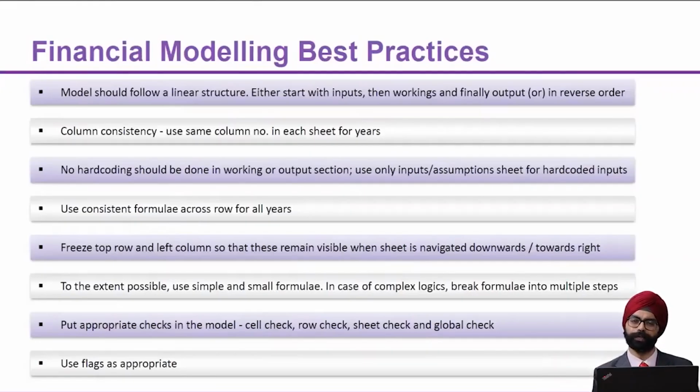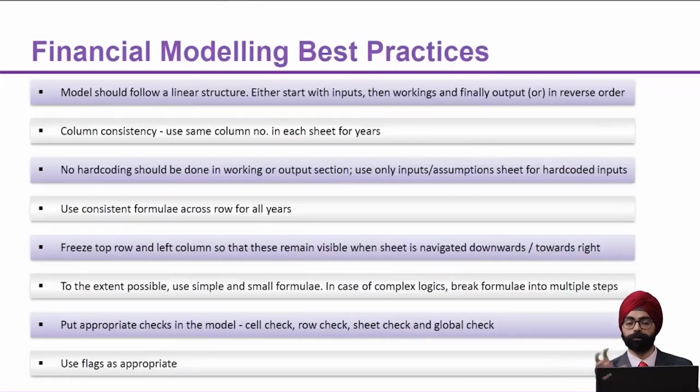If you've written your formula in a way that you write one formula for projection year number 1, and then you have to make changes to it to write a formula for the second year, then obviously we are not doing it right. Not only because it is against the best practice, but also because at a later stage, once you have to make some changes in your model, and that requires some change in the formula also, for instance, then you have to make that change in individual cells again and again.